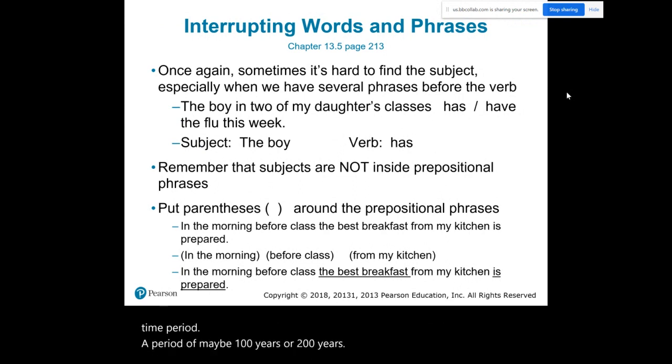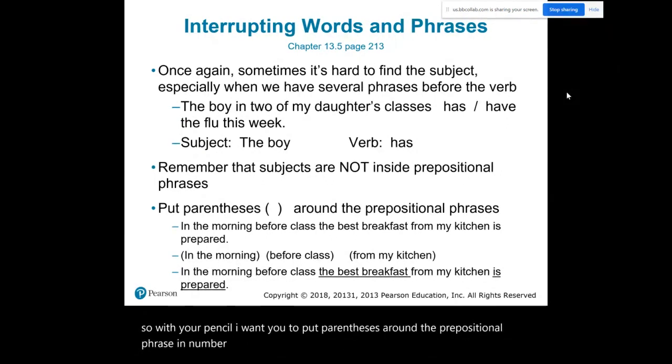That would be an era. So with your pencil, I want you to put parentheses around the prepositional phrase in number 1, practice 10. And then you need to circle the correct verb.